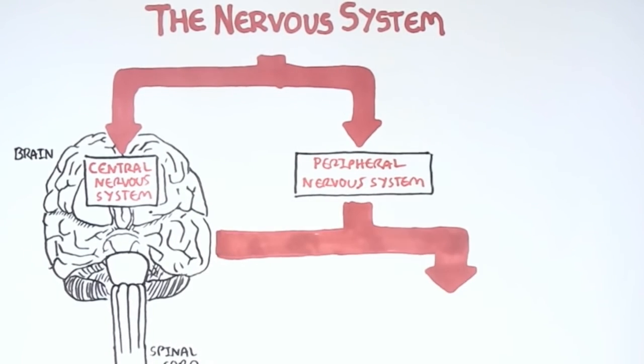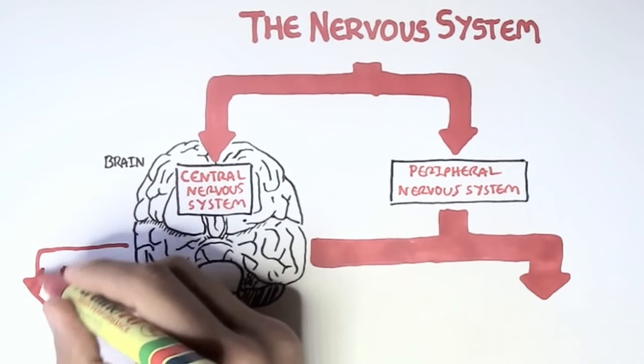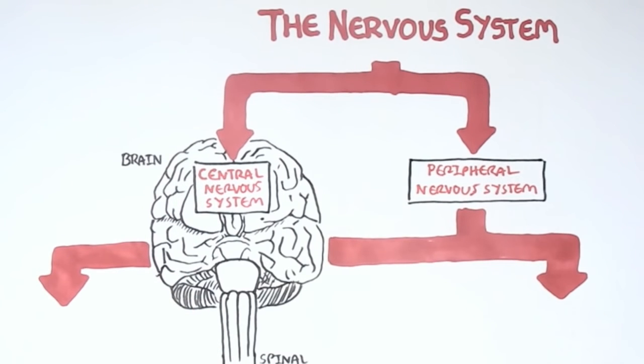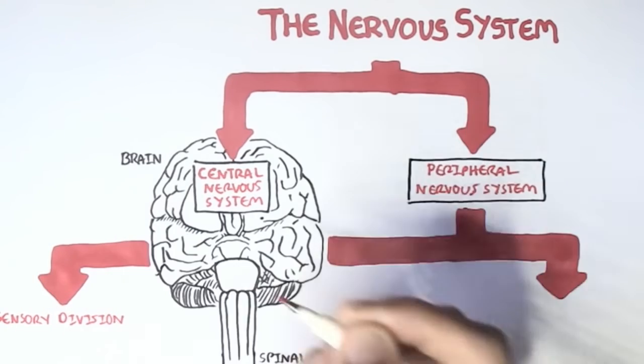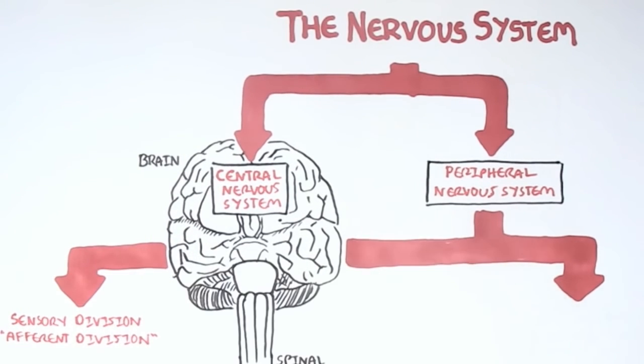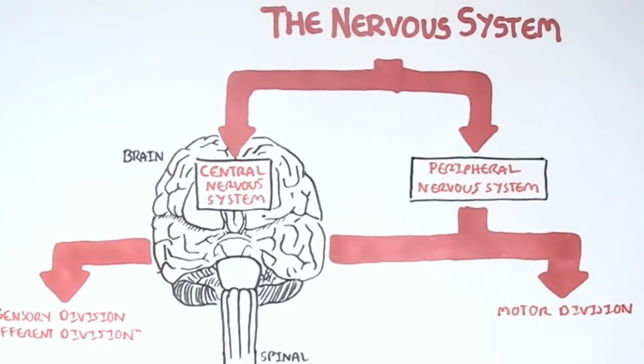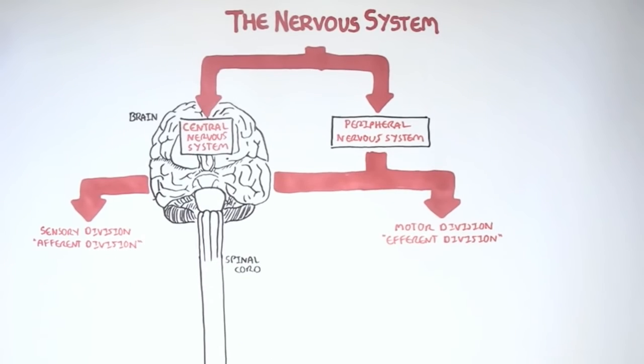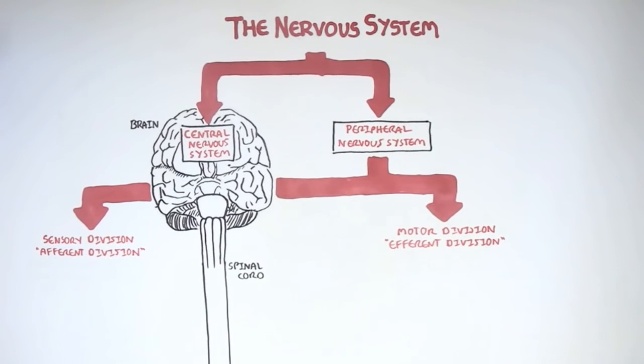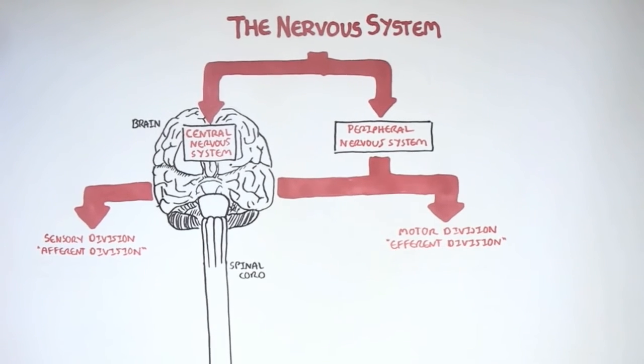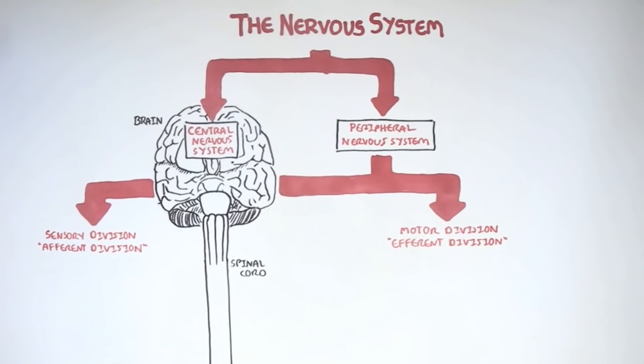One that brings the information to the central nervous system, and one that takes the information out from the central nervous system. Therefore, the peripheral nervous system consists of a sensory division or afferent division and a motor division or efferent division. It is better to call the divisions of the peripheral nervous system the afferent division and the efferent division, and we'll soon see why.